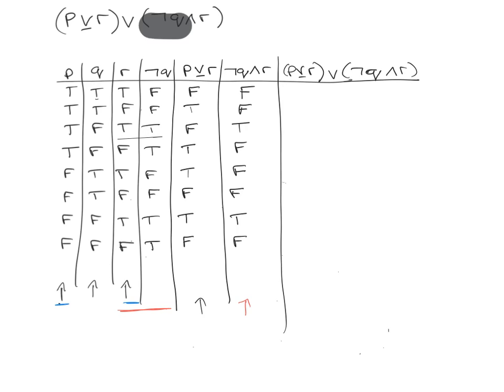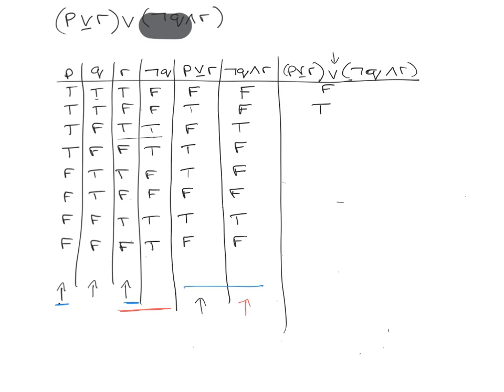So just double check that I haven't mixed up my columns. Yep. And now we can look at these two columns, which are our two brackets, to find the final one. Now, because this symbol is an or, it's either the first bracket or the second bracket or both. So if there's any true at all in the line, then this is true. However, the first row, they're both false, so that's false.